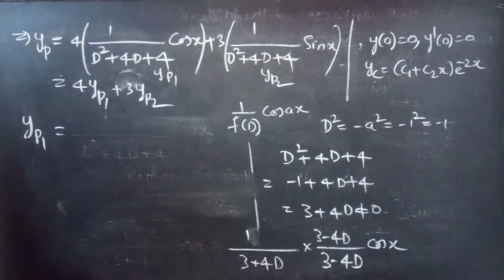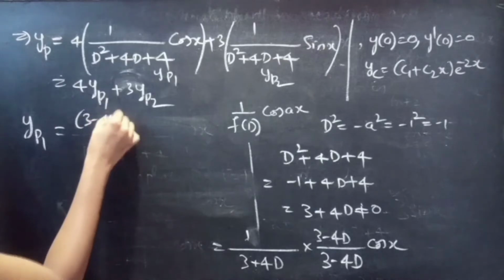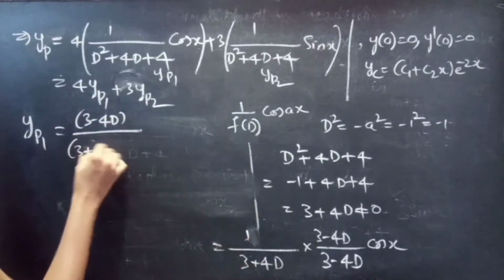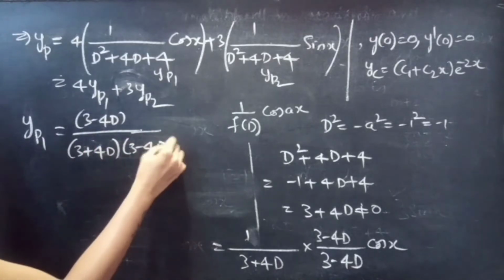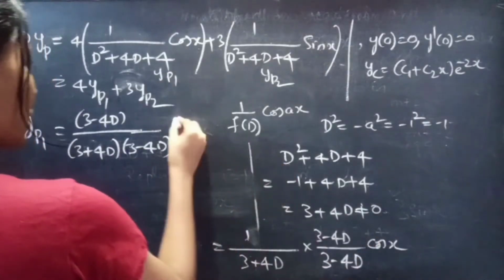Then yp1 becomes 1 into 3 minus 4D, which is 3 minus 4D, by 3 plus 4D into 3 minus 4D, into cos x.